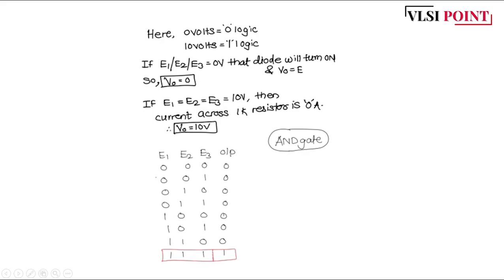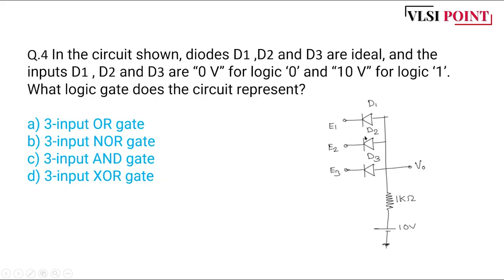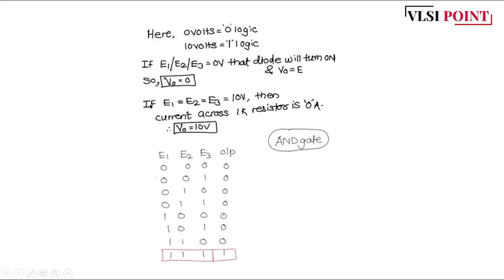We know V0 is E in the first case. Now consider if E1 equals E2 equals E3 equals 10 volt. So we are just considering all the voltages as 10 volt. So the current across the 1K resistor is 0 ampere.